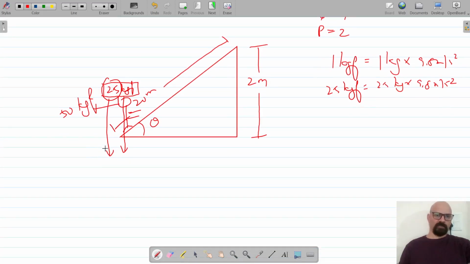If this man moves upwards, he has to carry himself as well as the load. So the total load he has to carry while climbing a distance of 20 meters is 75 kg. The total weight acting downwards is 75 kg into g, and the man has to apply the same force as the normal reaction to move upwards. So N is equal to 75 kg into g.